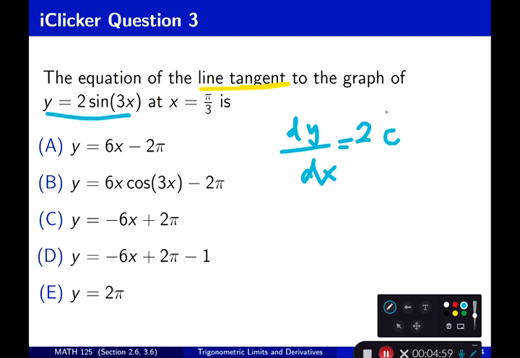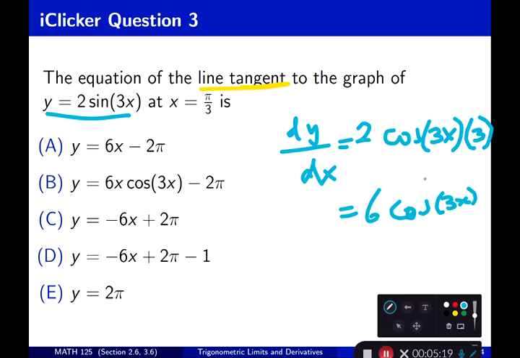The derivative of sine is cosine, inside unchanged, times the derivative of the inside, which is 3. So the entire thing is going to be 6 cosine of 3x. Now, we're evaluating the derivative at pi third.